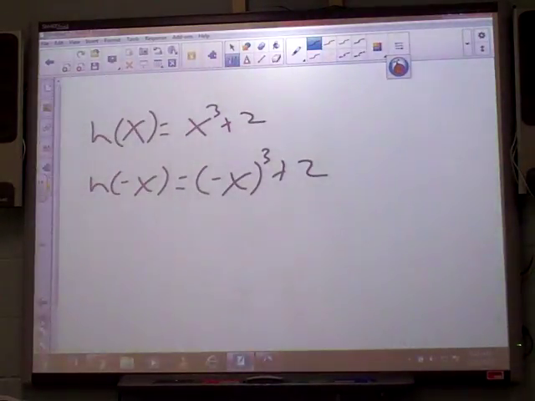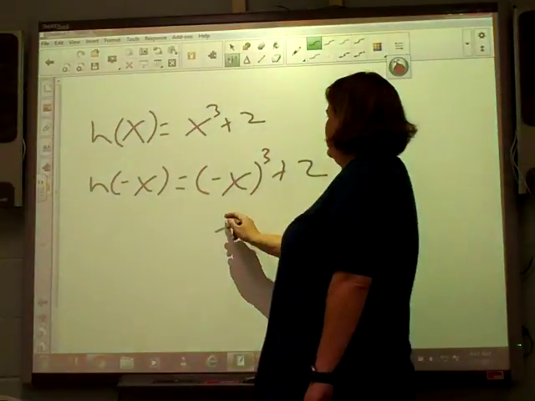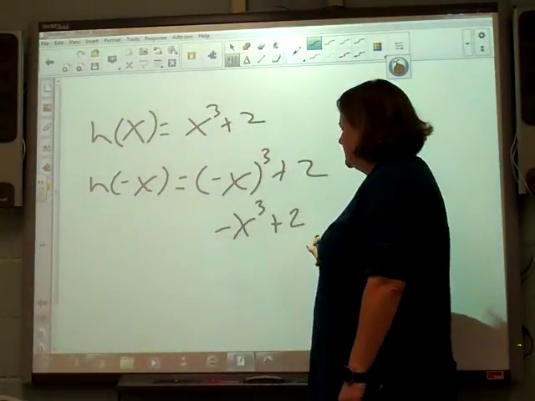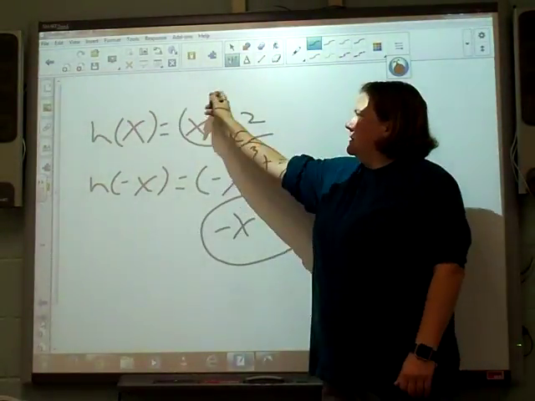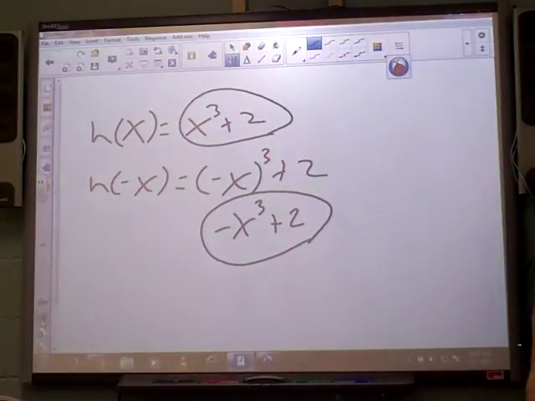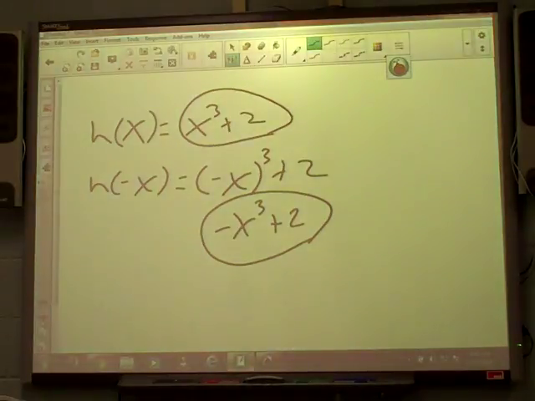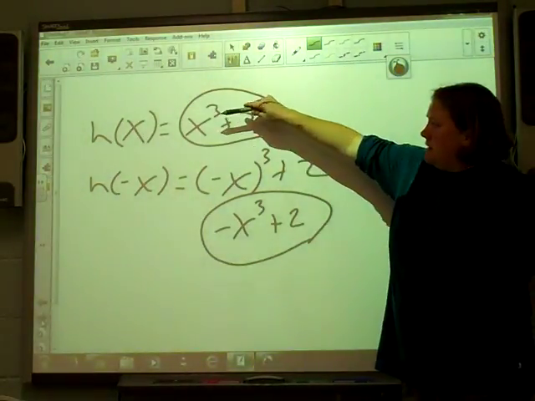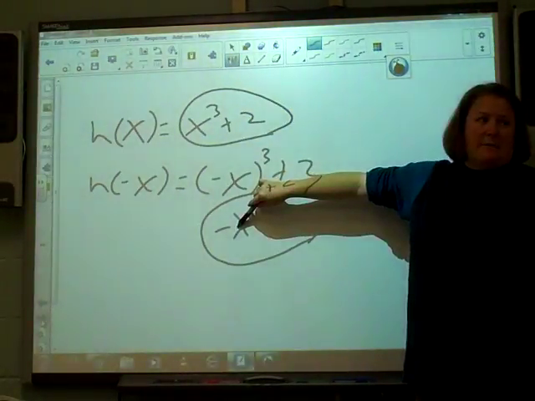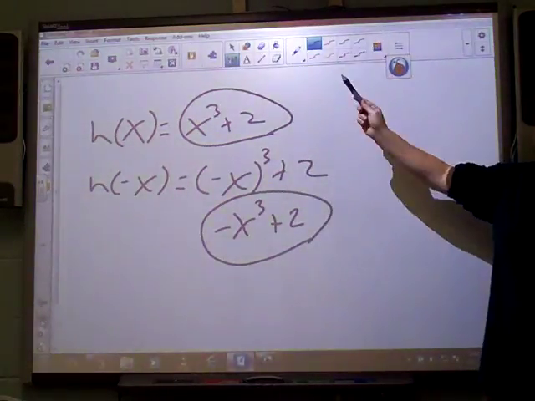When we cube a negative, does it stay negative or go to positive? It stays negative. So we're comparing that to that. Are they the same? No. Not the same, so it's not even. Are they opposites? No. The x's are positive, negative, that's opposite, but the whole thing's not because the 2's are not opposites.